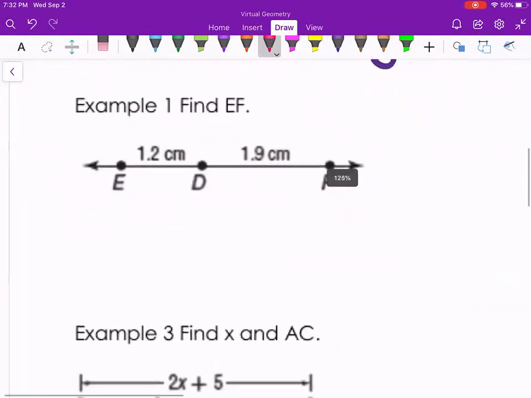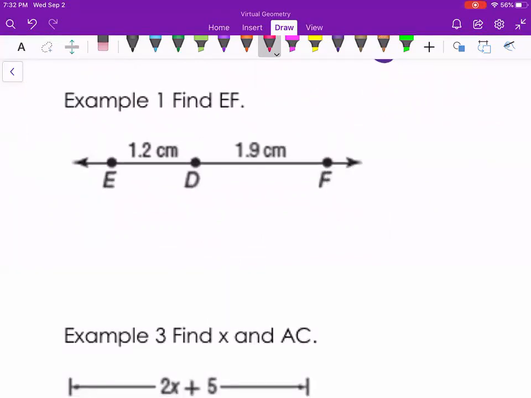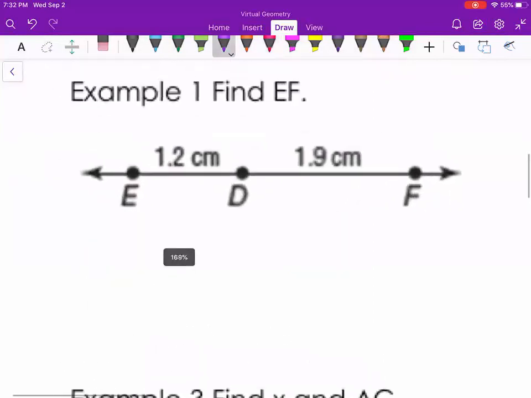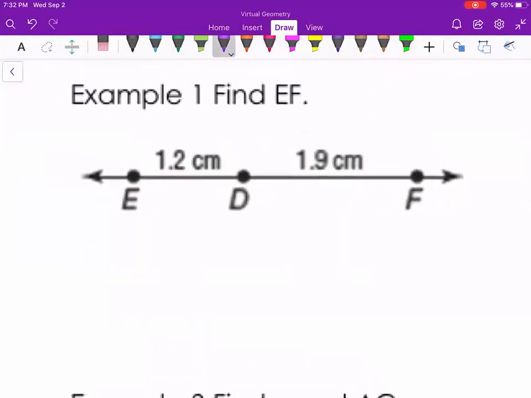All right, so we're looking at example 1. So we need to find our parts. Example 1, find EF, or the length of E to F. So right now, E to D, my part 1. D to F, my part 2.